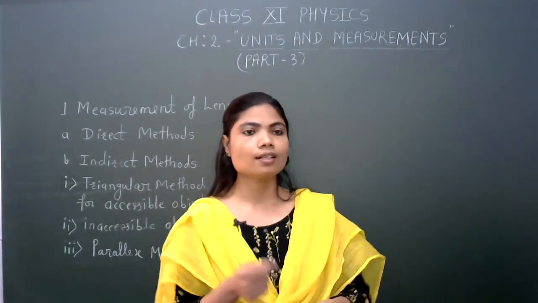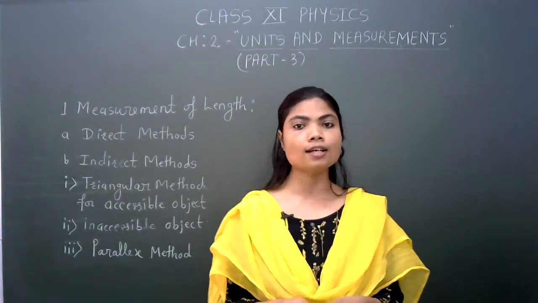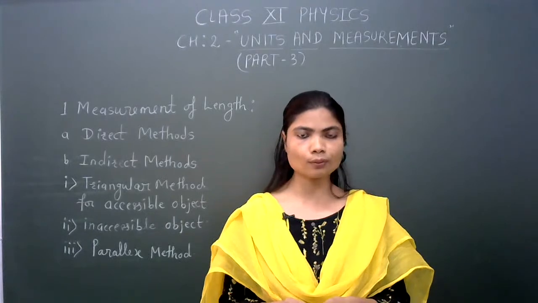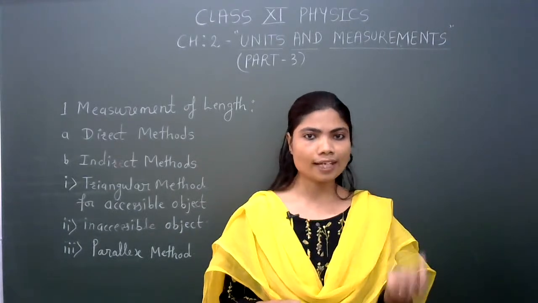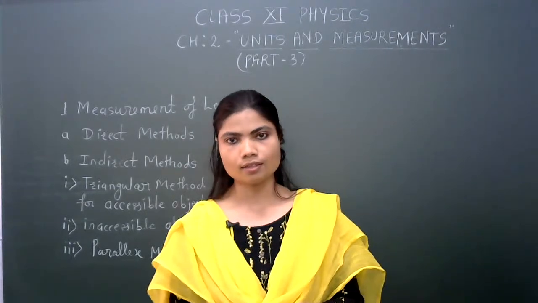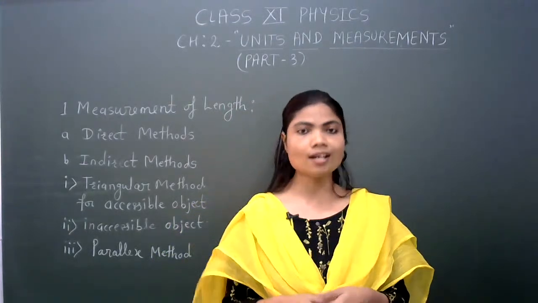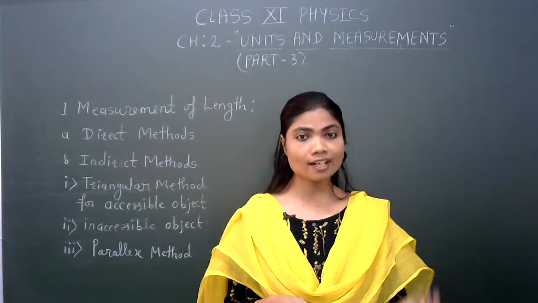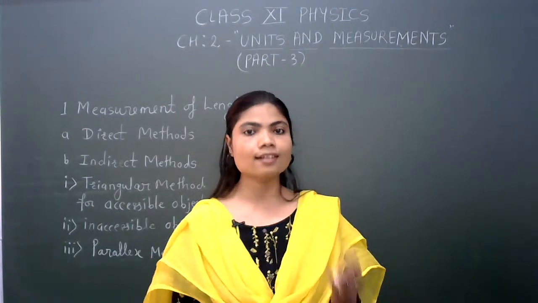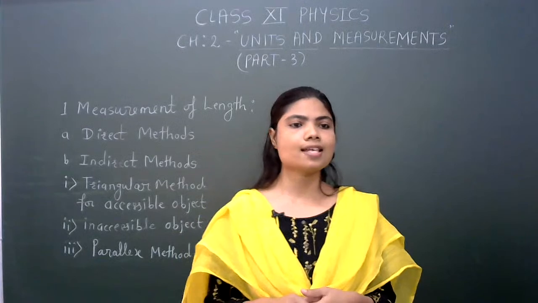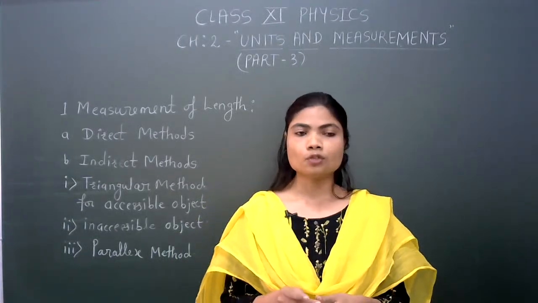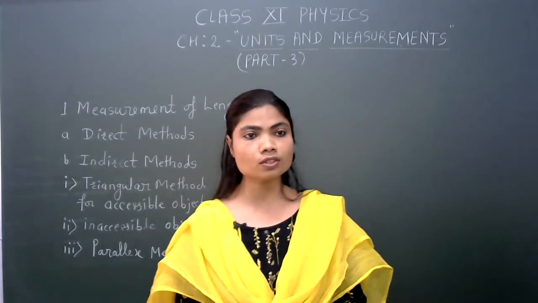In addition to that, we have understood there are two supplementary units, for plane angle and solid angle. For plane angle, it is radian, denoted as rad, and for solid angle, the steradian, written as sr. So I'm sure you have understood this concept.